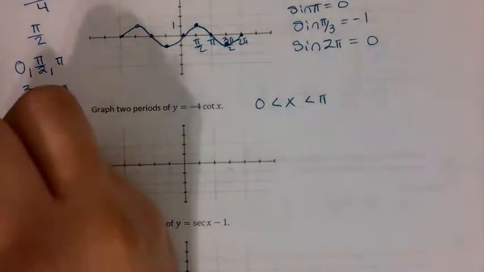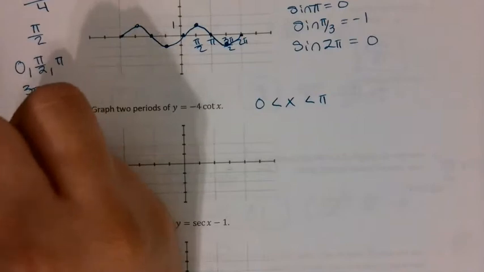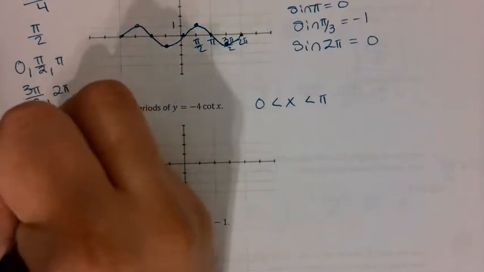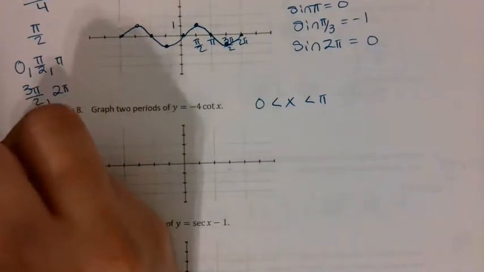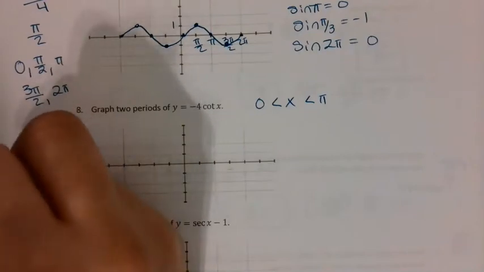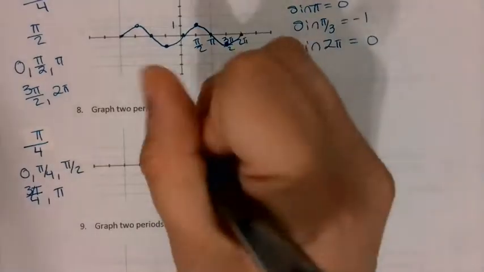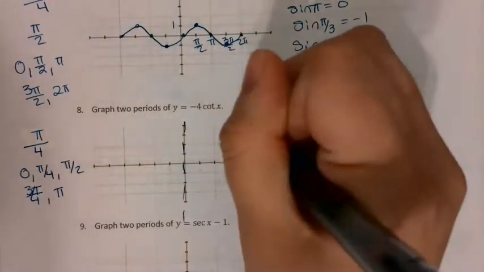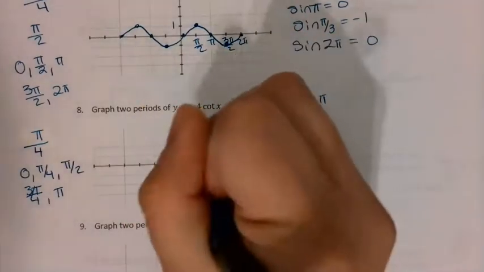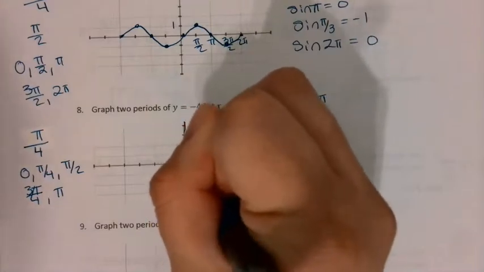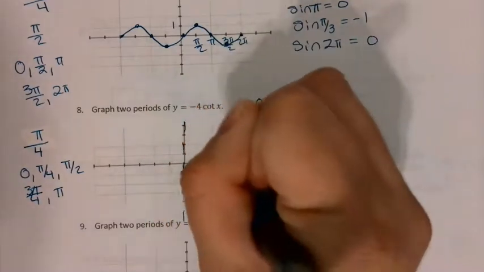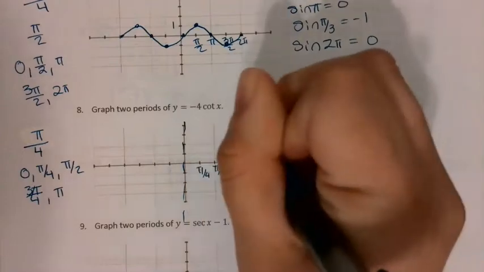So I have 0, pi fourths, pi halves, 3 pi fourths, and pi as my points. But remember, 0 and pi are asymptotes on a cotangent graph. Let's count by pi fourths: pi halves, 3 pi fourths, and pi.